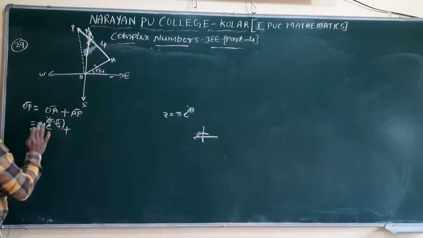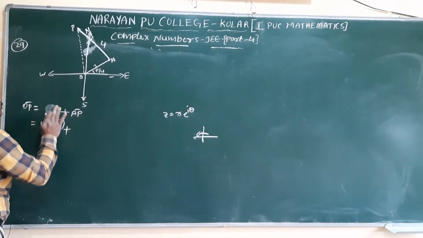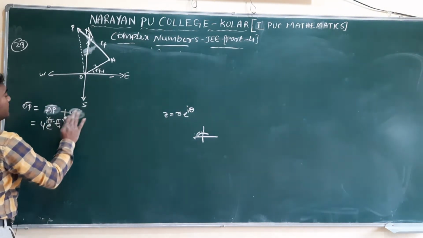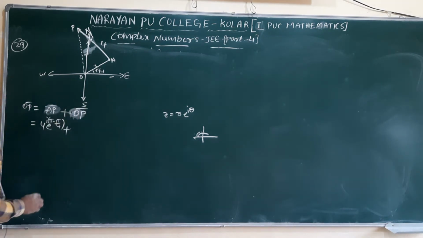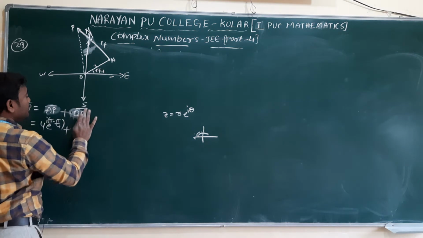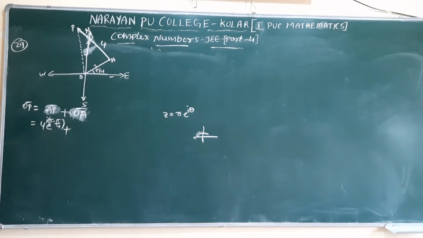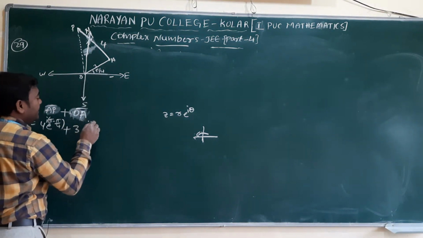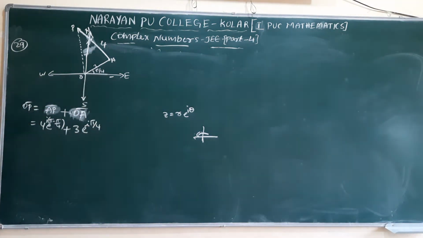Sorry, let's change here, no problem. OA and AP, OP. OA is 3 into e power i pi by 4.